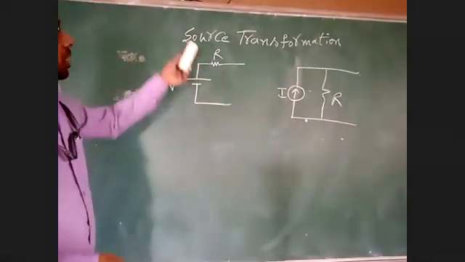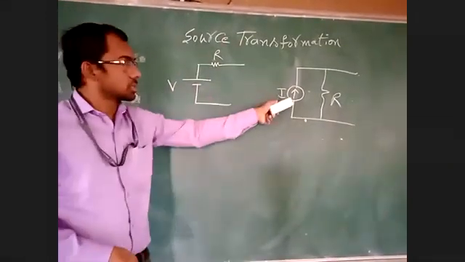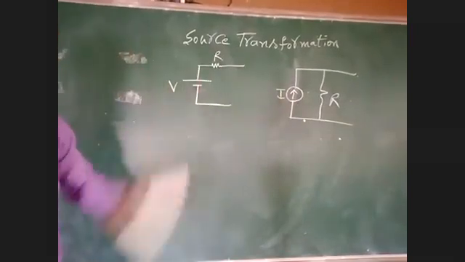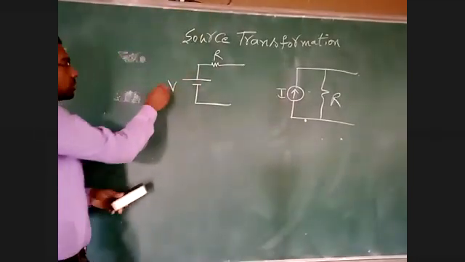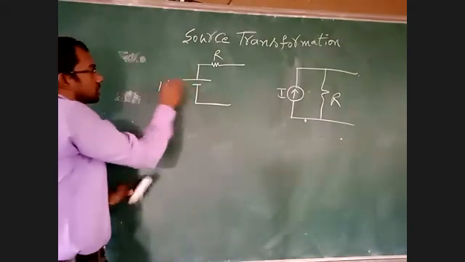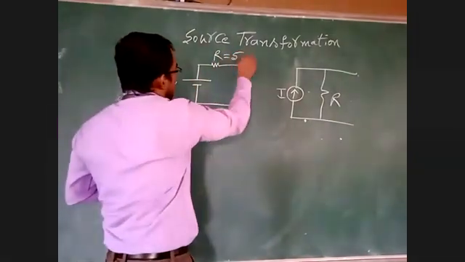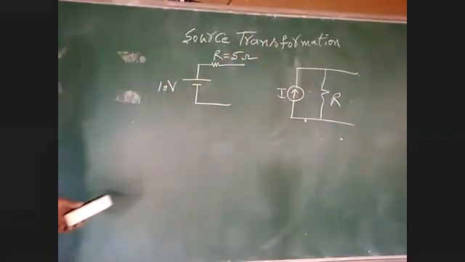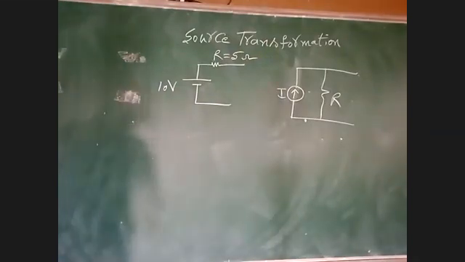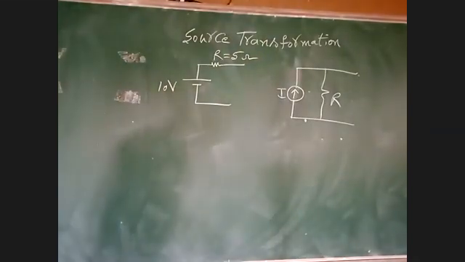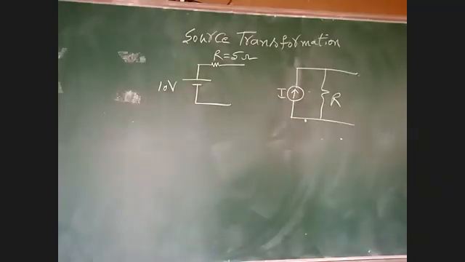Now we will see how to convert the voltage to current source, how to convert the current to voltage. Let us take an example. This is 10 volts. This is 5 volts. Now I want to convert the voltage to current source.